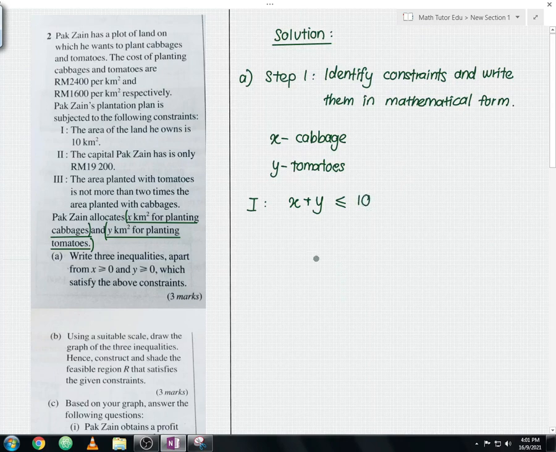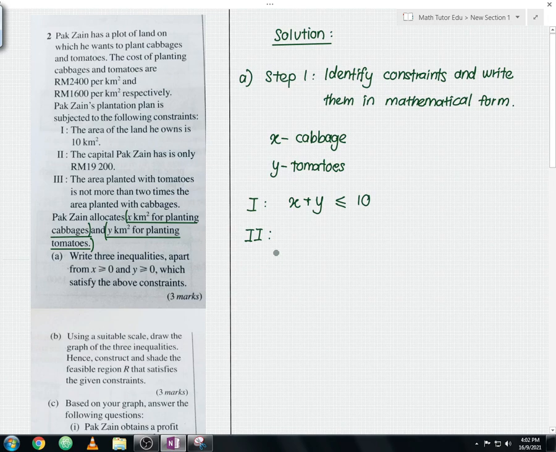It makes sense, guys. No matter how much cabbages and tomatoes you plant, it should not exceed 10 kilometers square. It should be within or equal to 10 kilometers square. I hope I made this clear. So for constraint 1, let us proceed to constraint 2.